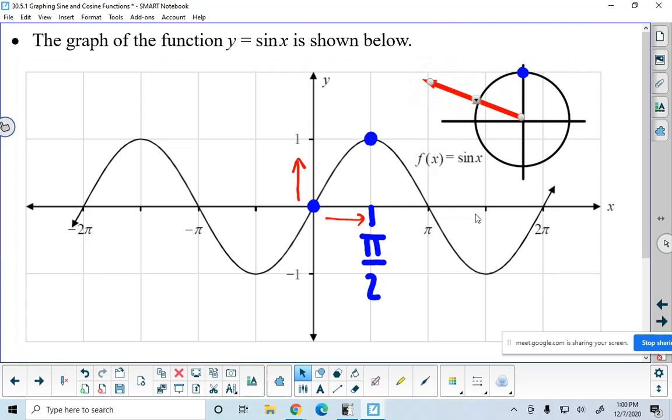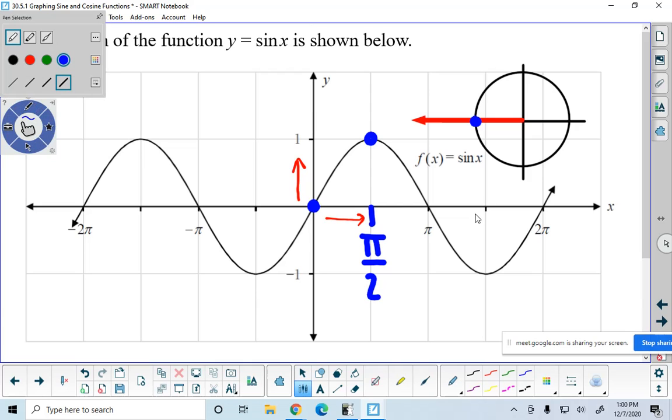For example, when you're at around 150 degrees, you can see the y coordinate on the unit circle, which is the sine, is getting to be close to about a half. And then eventually, when you're at 180, which is pi, the y coordinate is back at 0. And that's why we have a point here.